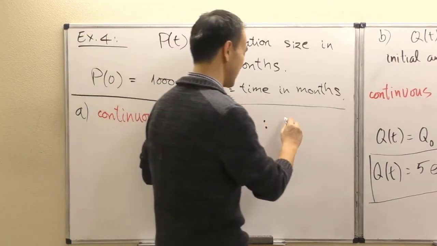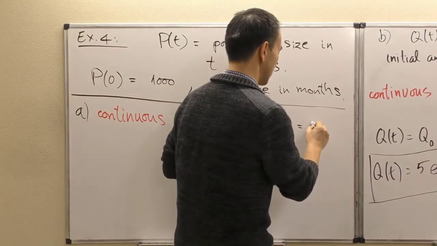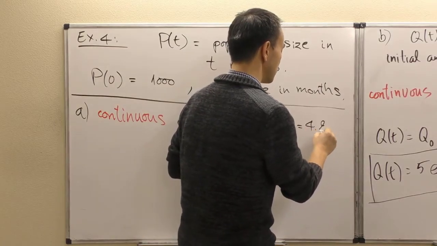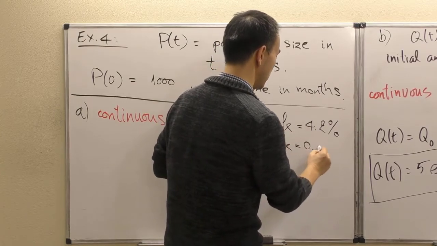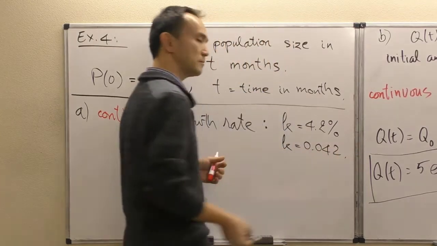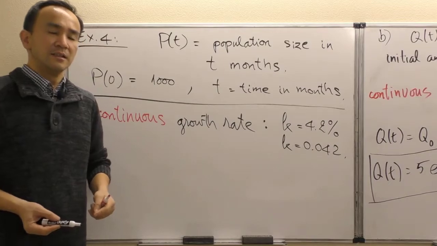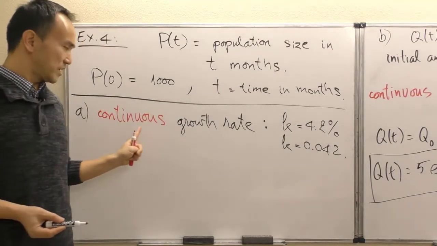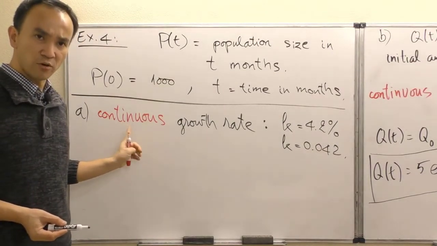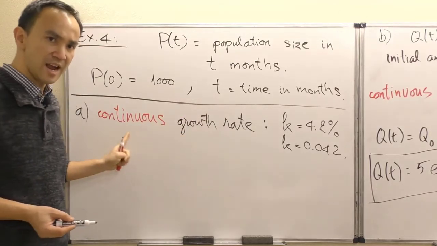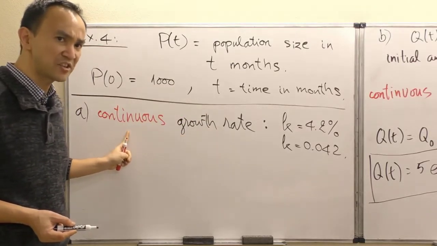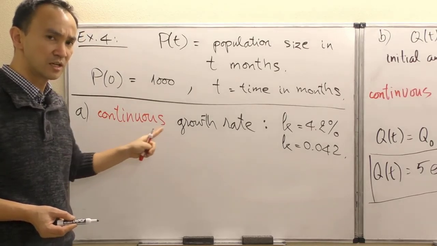So here I'm going to get straight into K equals 4.2% per month, or another way of saying this is K equals 0.042. That's what we have. All right, and so now once we clicked with that word, I wrote it in red, so it's so clear. It's a growth rate, and it has that extra clarification that it is a continuous growth rate.